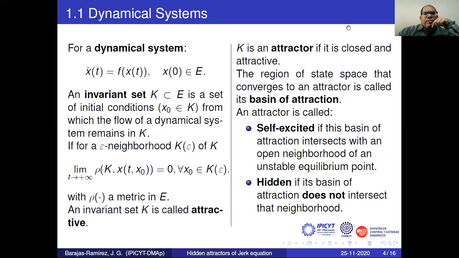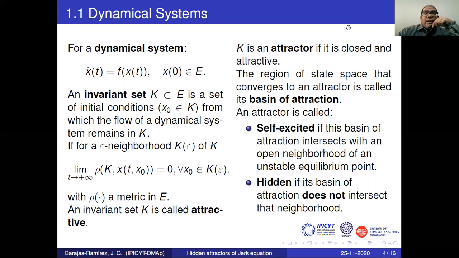From this definition, we can understand an attractor as a small neighborhood around this invariant set that converges towards this invariant set K.